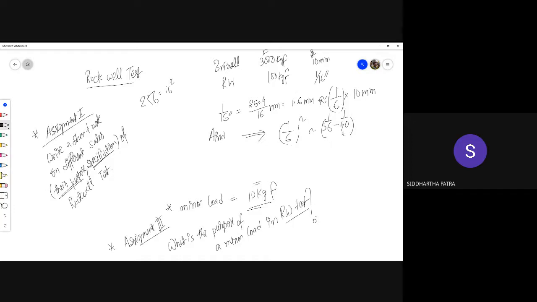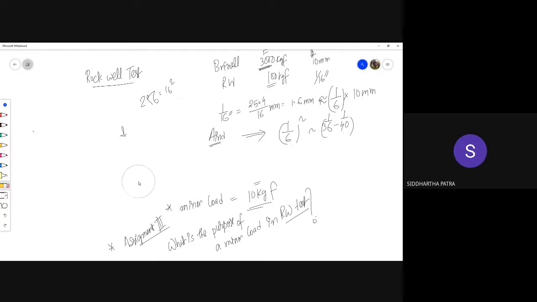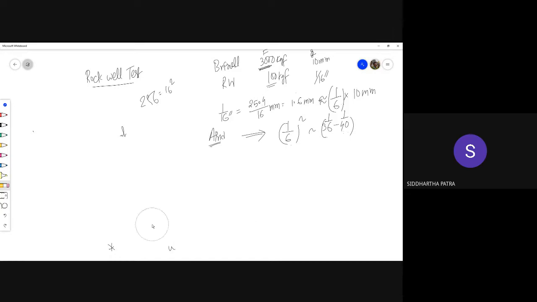So you see, the area of indentation in the case of the Brinell test is around 36 to 40 times higher. And that's why the applied force is also 30 times higher. That is one thing to notice. And let's now talk about the importance of a minor load, or what is a minor load.